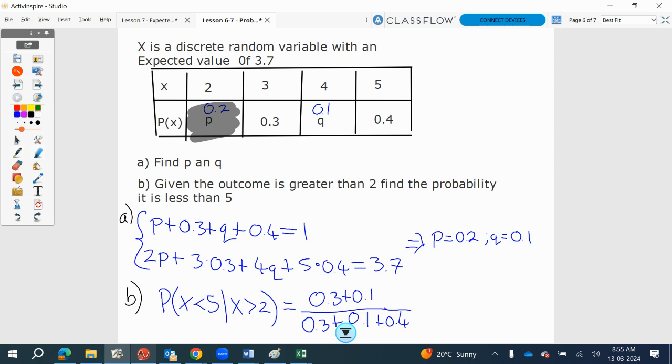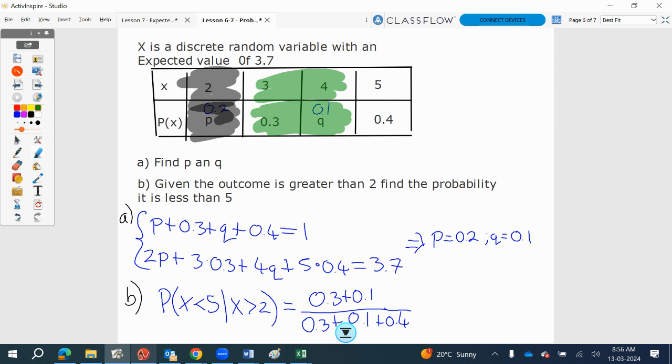I want these ones out of a total of all 3. Given that it's greater than 2 means that this part of the table is removed. We want the green part out of a total of the whole bit that's left.